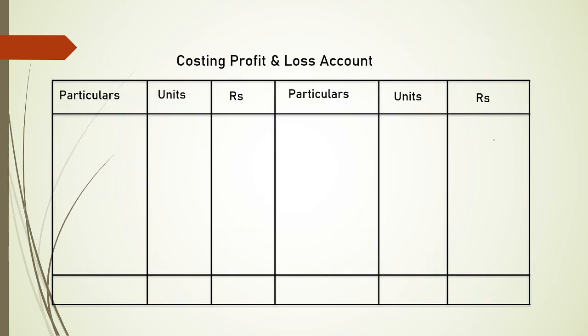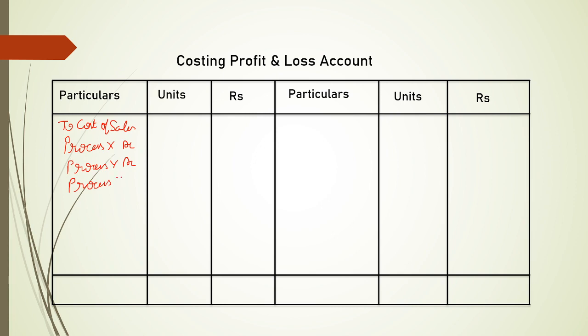So first we write the cost of sales. So on the debit side, to cost of sales, all the units which are sold out in the market from process X, process Y and process Z.